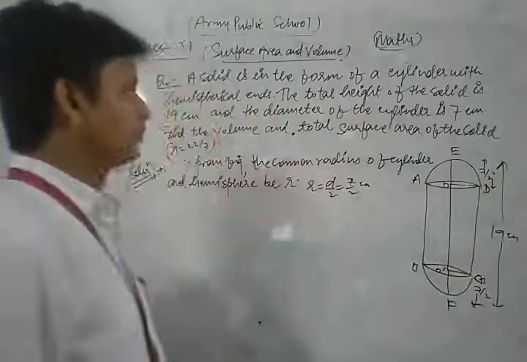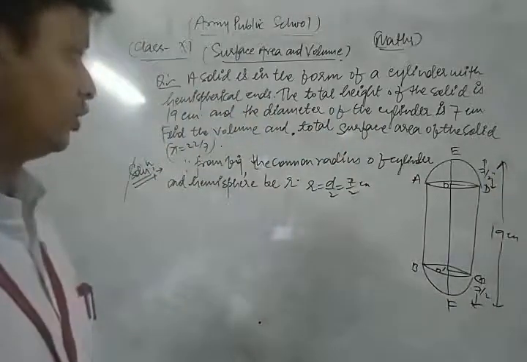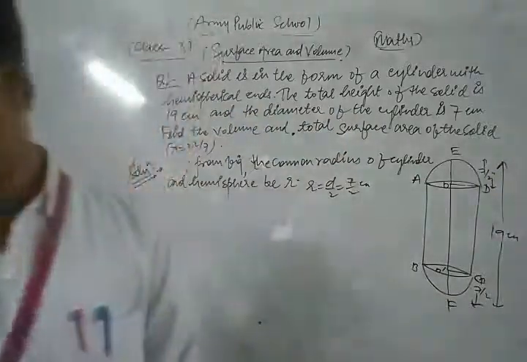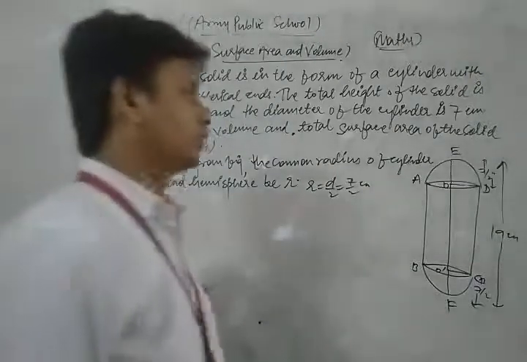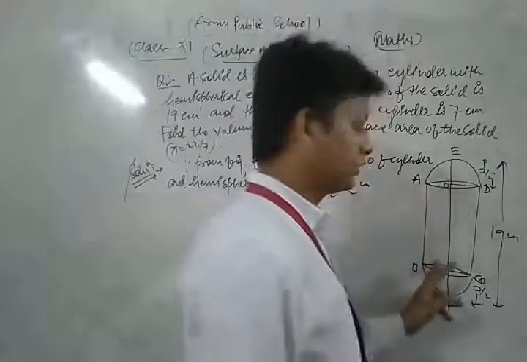Now first of all, for finding the volume and total surface area, we find the height of the cylindrical portion.